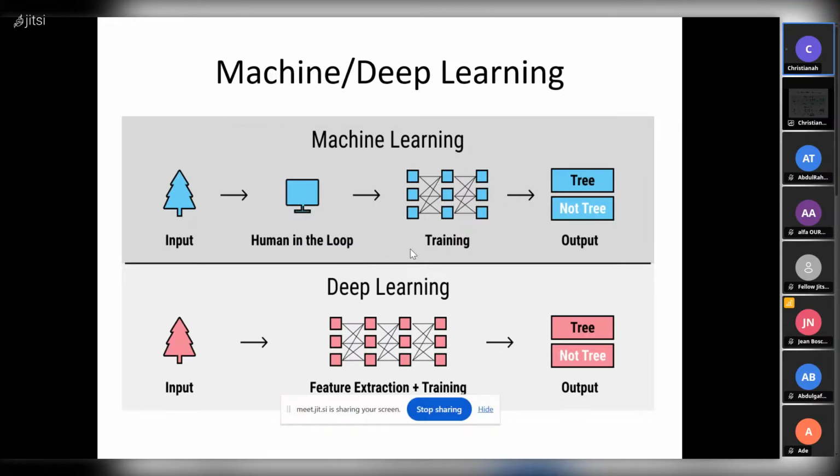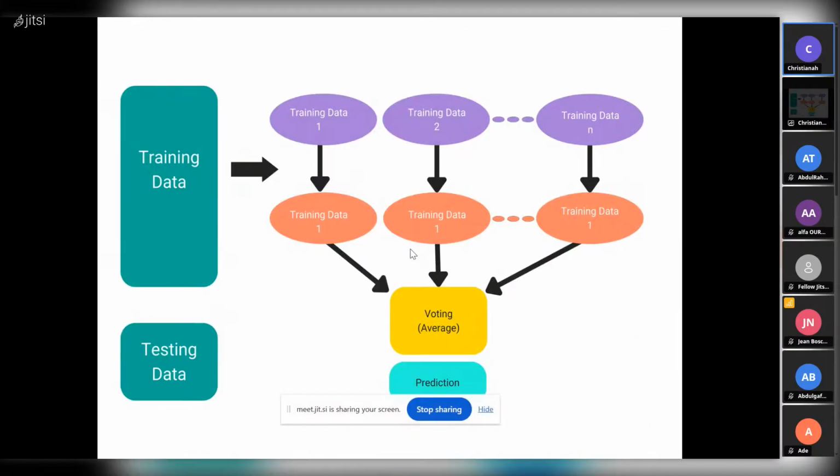But for deep learning, what you just need to do is give it the data. It's going to do all the feature engineering itself and all the training itself. It's just going to tell you this is a tree, this is not a tree. I hope that is clear.